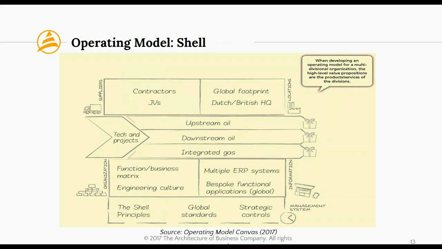Organizationally, Shell is structured both as a line of business and a functional matrix. It has primarily an engineering culture with the belief that technology is a solution to most problems, and it is reflected in the way the company works. Location-wise, although Shell operates in most countries around the world, Shell's core assets, oil fields, are often leased from local governments.